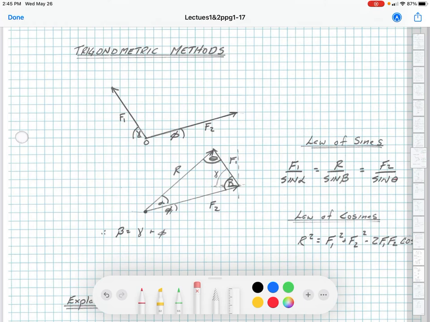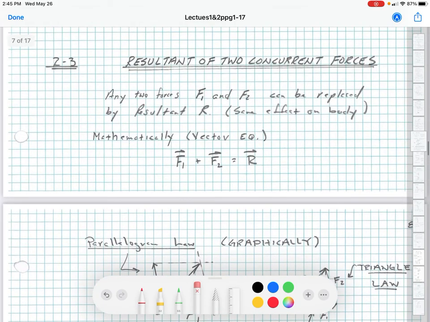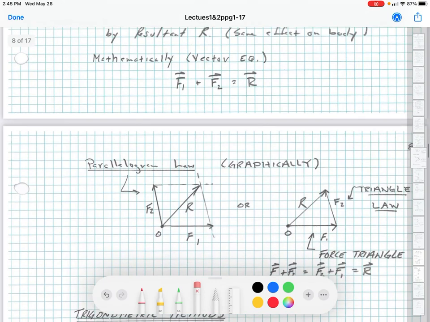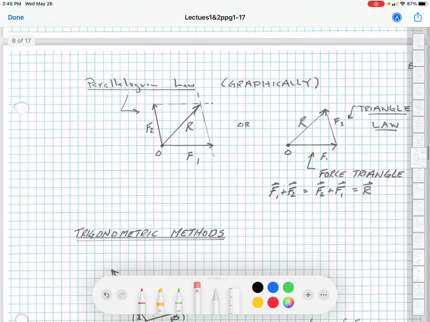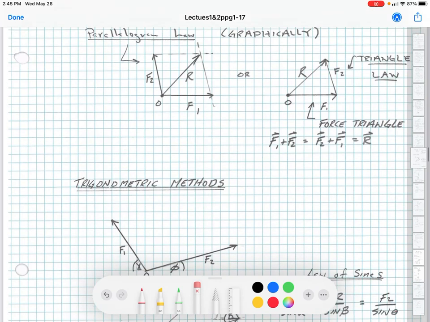Again, this is very important because it's going to be your resultant of a two concurrent force system, going through the same point, finding the resultant. And most likely, in any exam in statics, this would be your first quiz or your first exam to be able to do it.